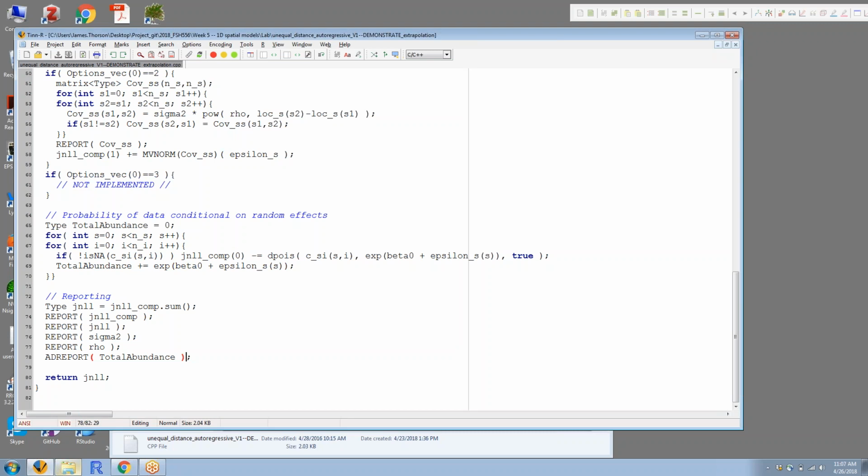And that would be the way to get a standard error for the prediction of total abundance across all the sites that properly accounts for the variances and covariances of all the random effects.